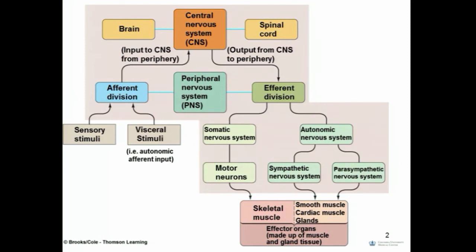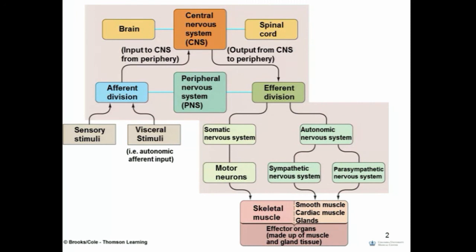The autonomic nervous system increases or decreases your blood pressure, increases or decreases your heart rate. Your autonomic nervous system stimulates the release of a hormone to regulate your blood glucose, and a number of other visceral functions. There are two divisions within the autonomic nervous system, so still under involuntary control.